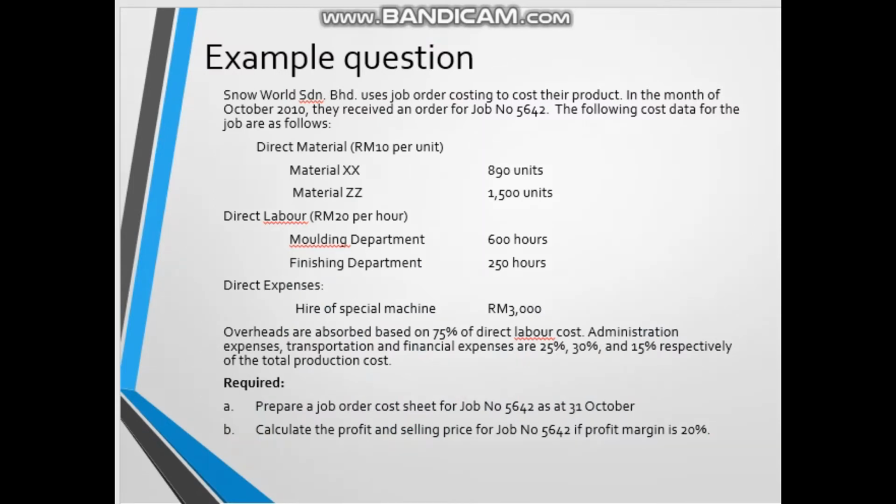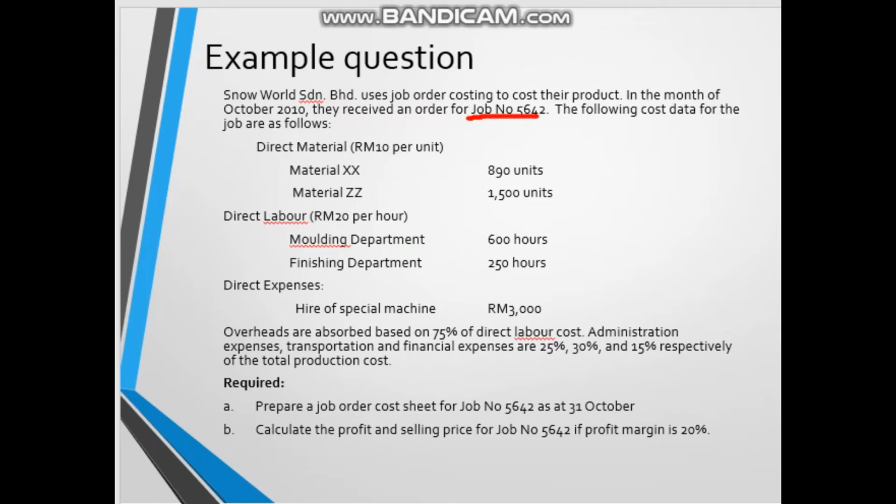Have a look at this question. This company uses job order costing to cost its products, so it has this measurement to identify the total cost. They receive job number 5642, and the following data is related to that particular job.